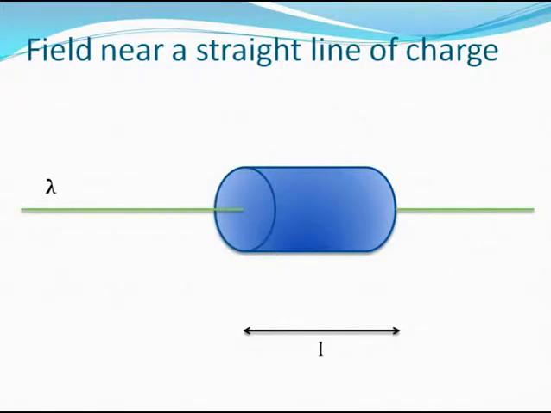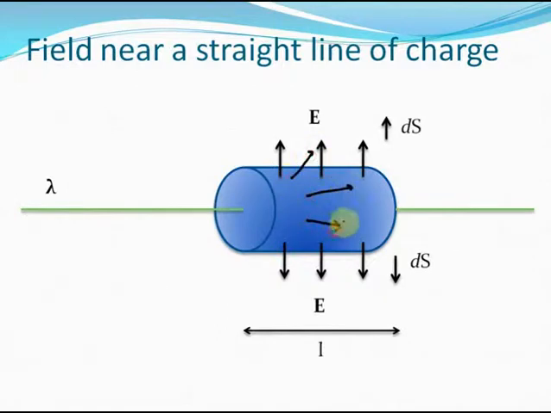Now we know that since this is a straight line of charge, by symmetry, the electric field because of the straight line of charge will be in the radial direction like this, like this, like this, isn't it? On the curved surface of the cylinder, the electric field will be like this and the area vector will be like this. So at every point on the curved cylinder, the electric field and the area vector will be parallel to each other, isn't it?